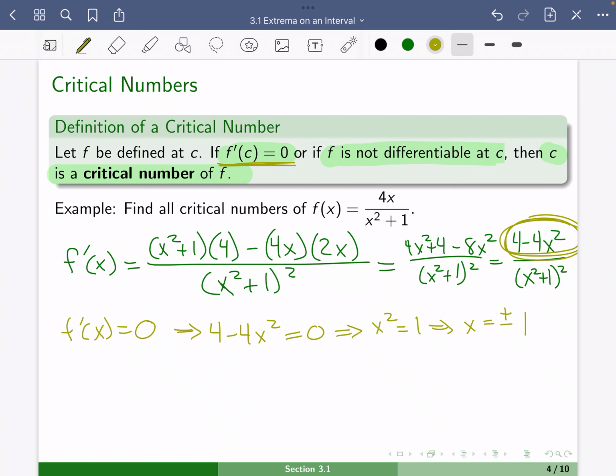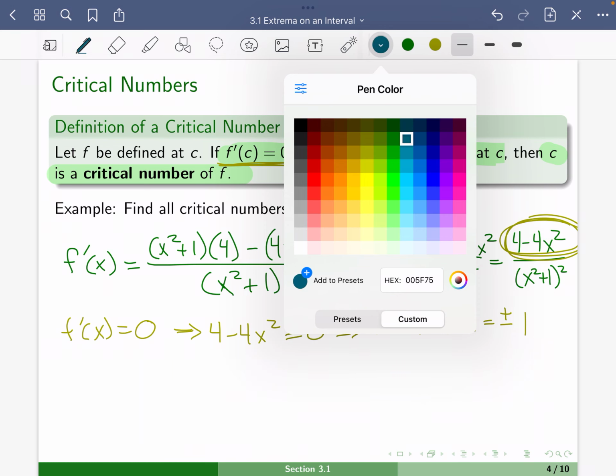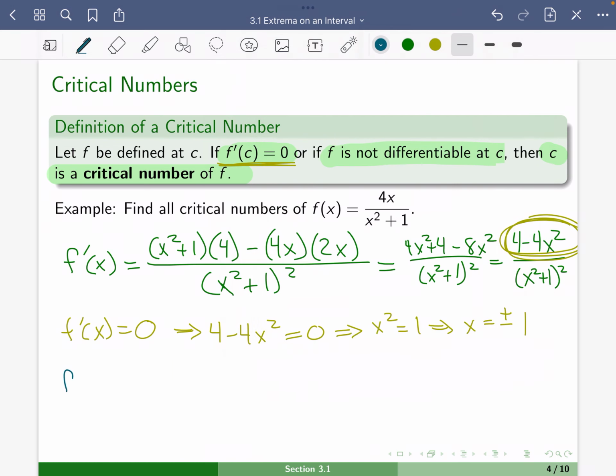We should also check to see, is there anywhere where the derivative fails to exist? For this, we have a rational function. So this derivative won't exist if our denominator is 0.